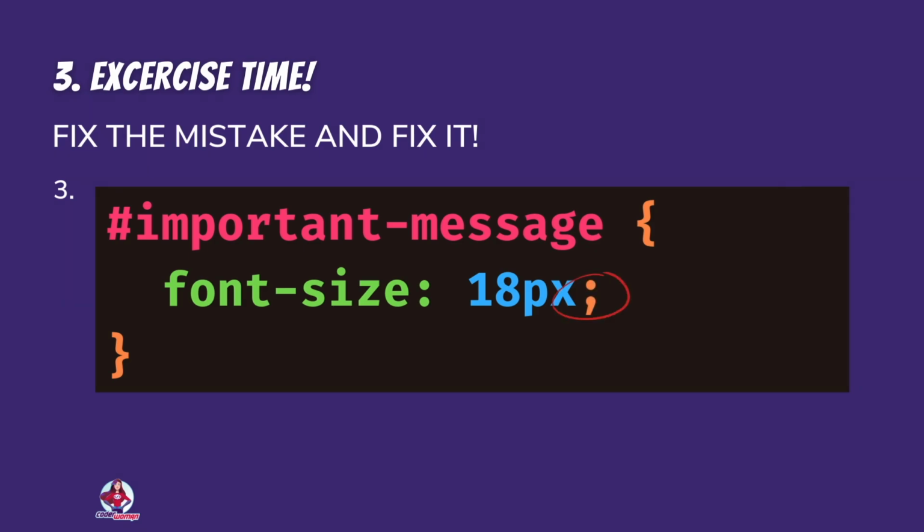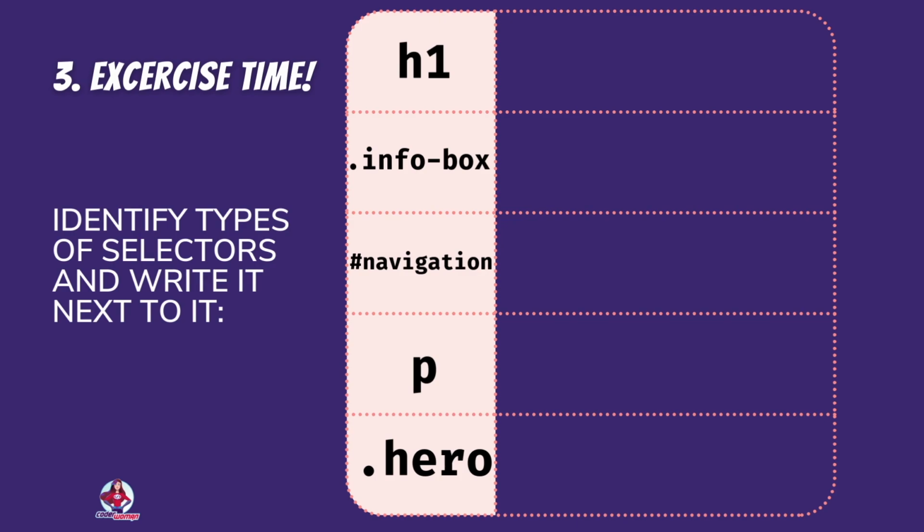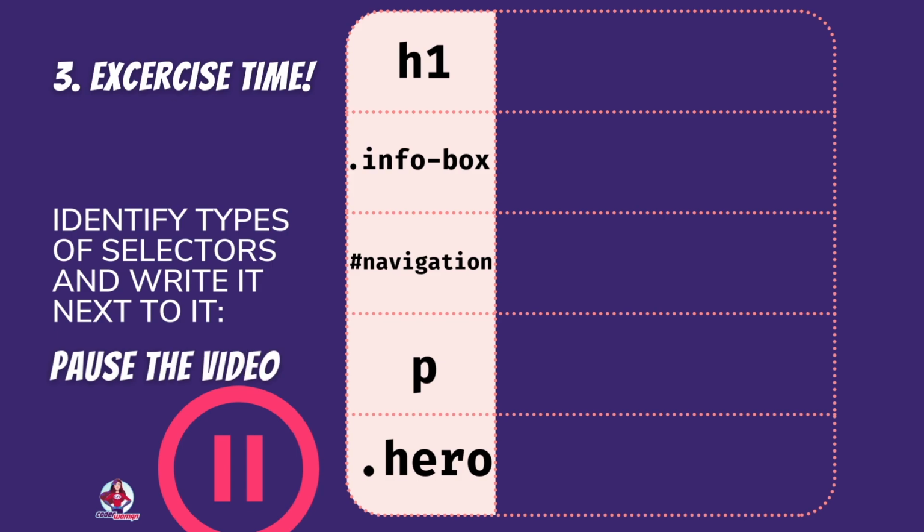The mistake is that there's no semicolon at the end of the property value pair. And the last exercise for you. Below is a list of selectors. For each selector, identify whether it is a type, class, or ID selector. Please pause the video, write down your answers, and then check the correct answers.